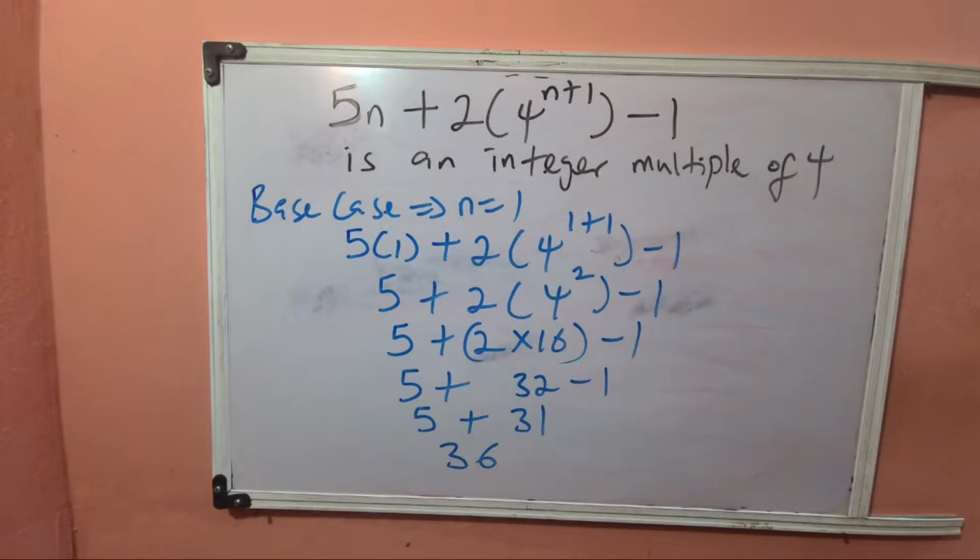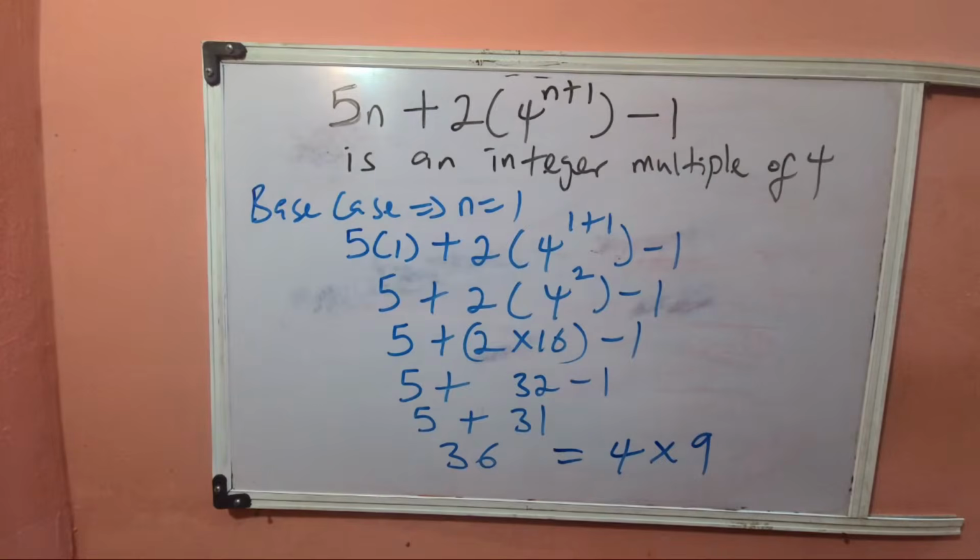Now, let's investigate: is 36 an integer multiple of 4? Of course, yes. We can also write 36 as 4 times 9. So obviously this tells us that 36 is an integer multiple of 4.